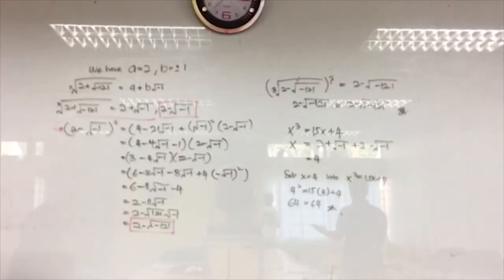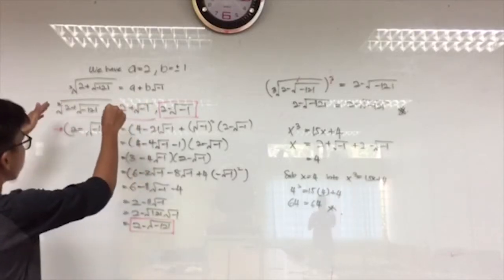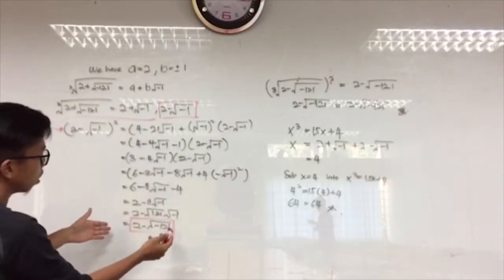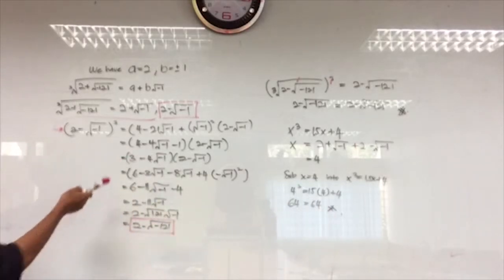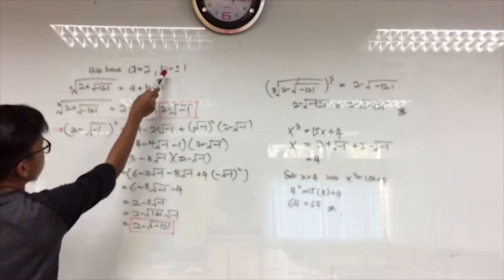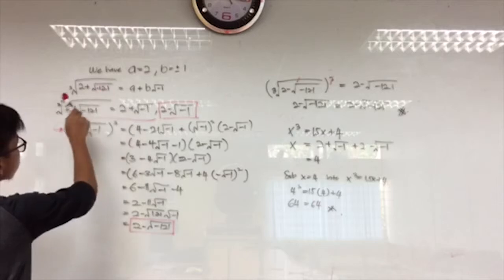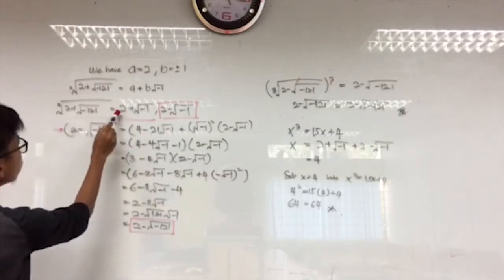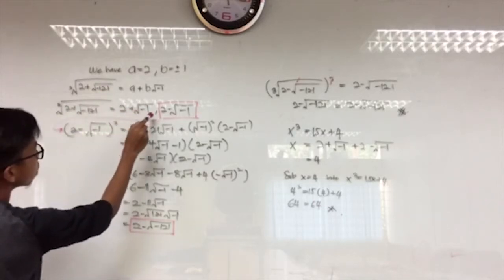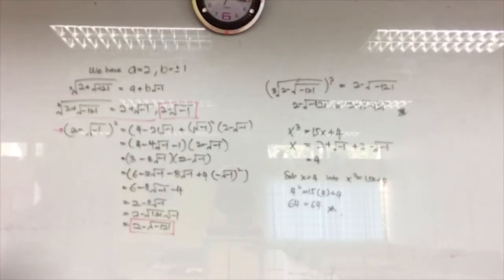So I will use this equation to prove the value. From the equation, we substitute the values of a and b. So we will get 2 plus square root of -1 and 2 minus square root of -1.